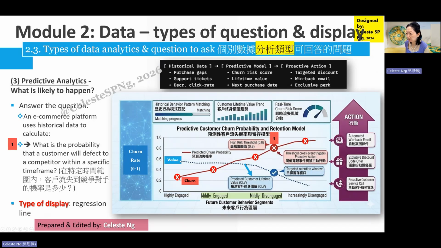So here we can see that this blue dotted line and the red line actually contradict one another, because if your churn rate is high, then your value will be low.